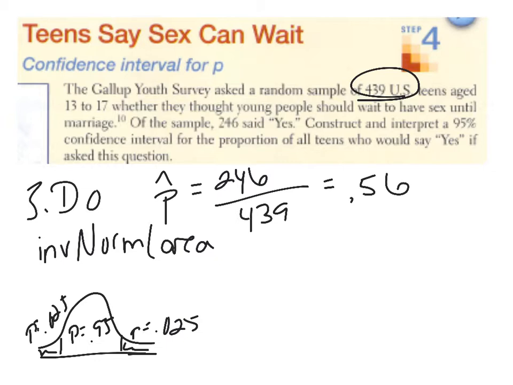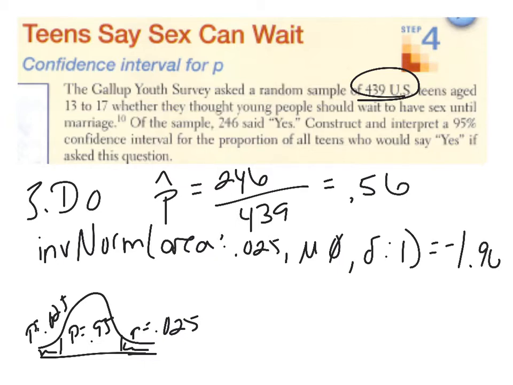I can work backward from my table, or I can use my calculator with an inverse norm of an area of 0.025, a mean of 0, and a standard deviation of 1, which gives me negative 1.96. That makes my critical value z* equal 1.96.